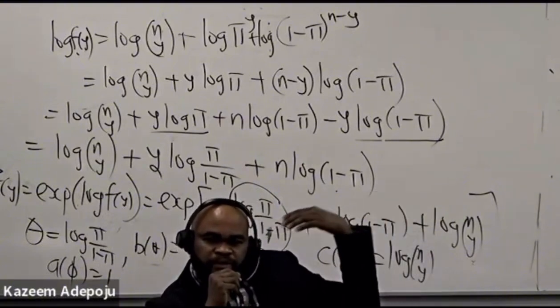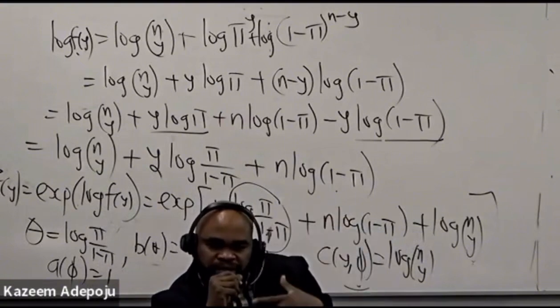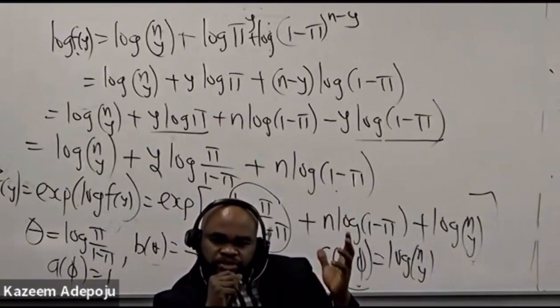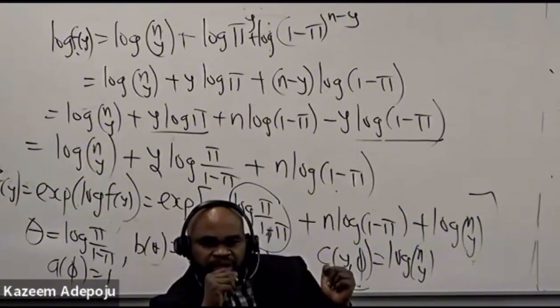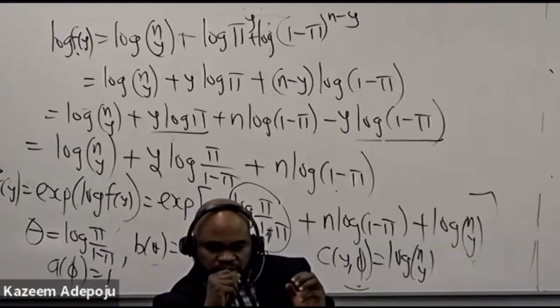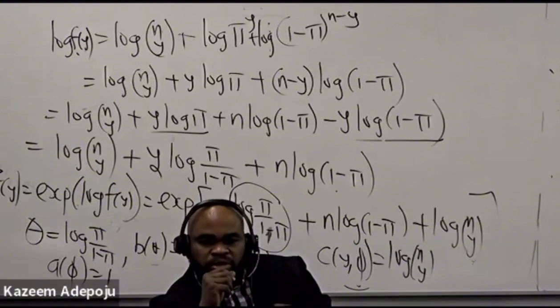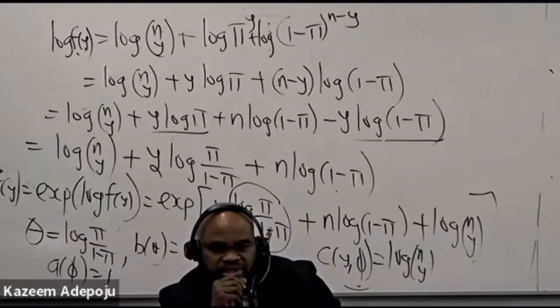From the exponential family, when the response variable is categorical and follows a binomial distribution, we're able to show that the binomial distribution is a member of the exponential family, and we're able to derive the link function. Now, where do we use the link function? We use this link function in binomial logistic regression. Now, I want to welcome you to binomial logistic regression.